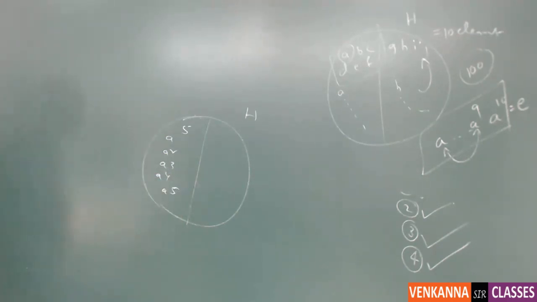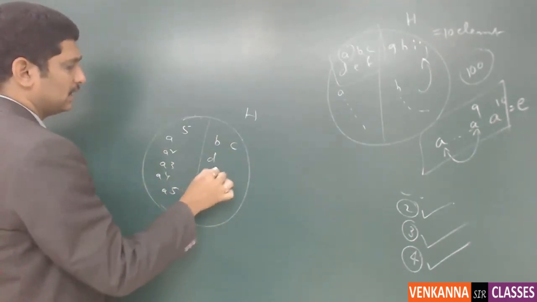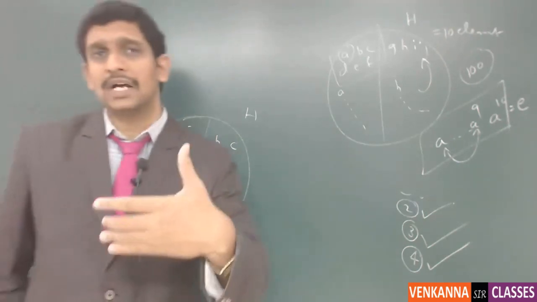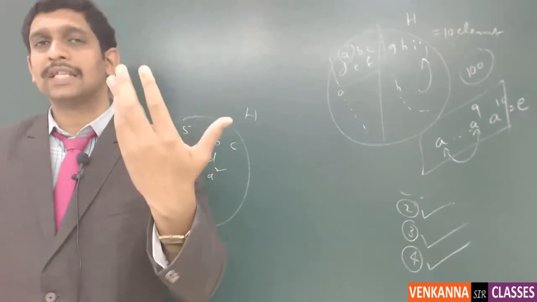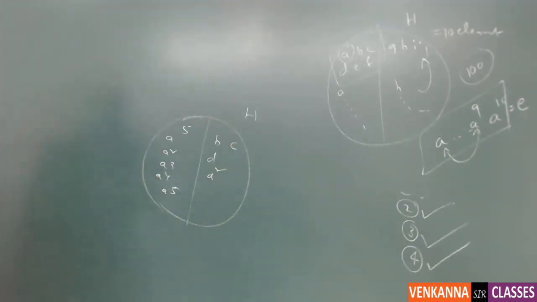Whatever the rest of the elements, B, C, again D square, you take like that. What wrong is there? That is also correct. Don't straight away decide that raising the powers of all the elements generates the other sets. Don't feel like that. They will generate up to some extent.